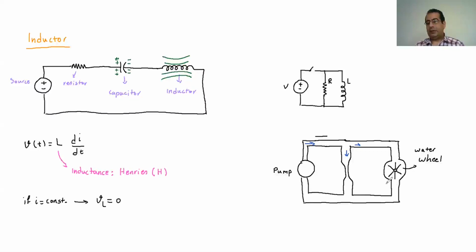It goes through that path rather than the narrow passage. Eventually the water wheel will get to its final spin speed, whatever it is, and it's spinning.